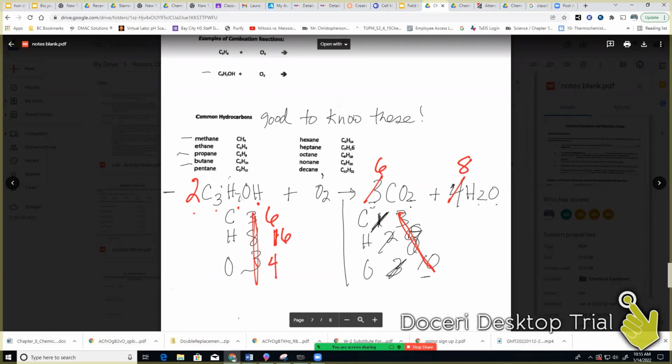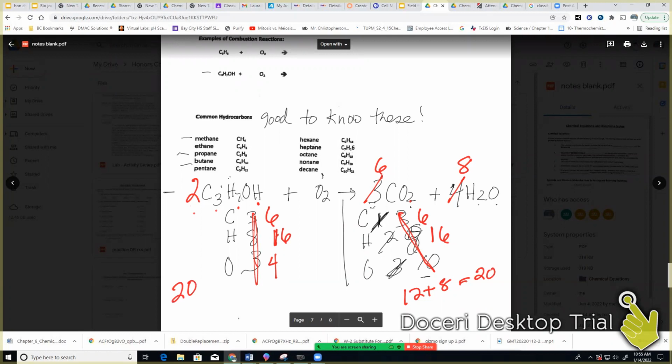All right, now let's go to my product side and see where we're at. 6 carbon, 8 times 2, 16 hydrogen, and now good old oxygen. 6 times 2 is 12, plus another 8 would give me 20. So I need 20 over here.